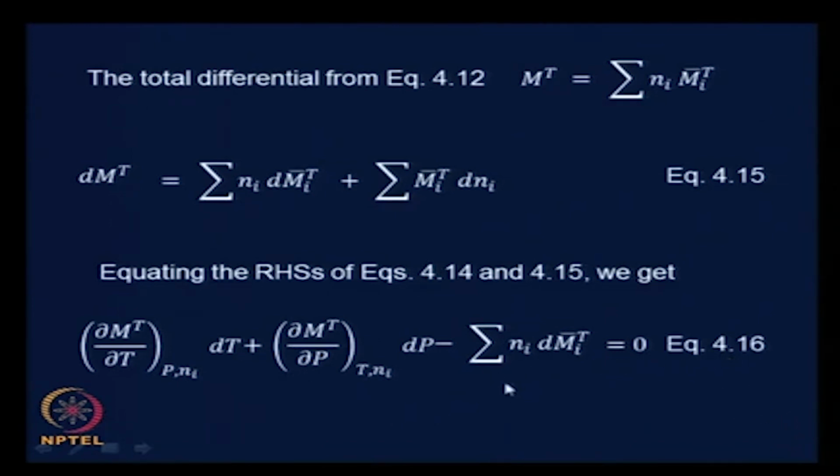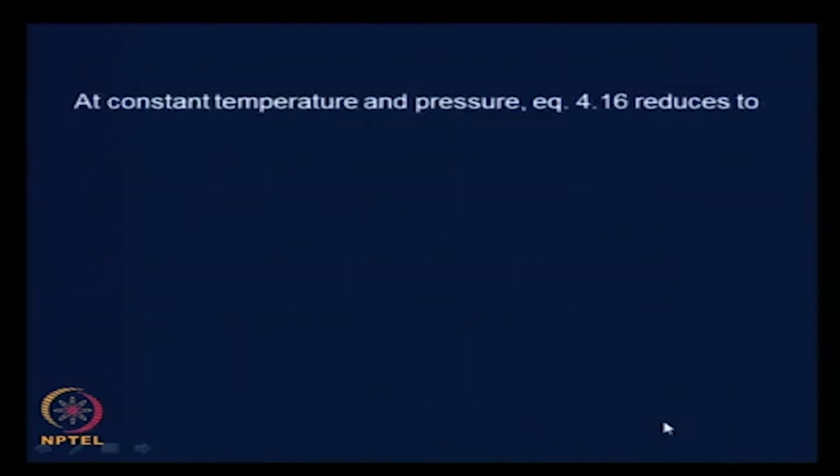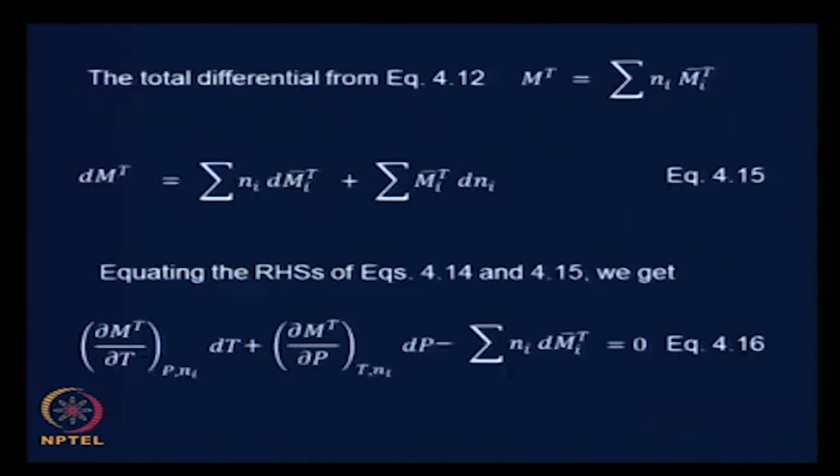If you write it in terms of G, you will see that G is a function of T, P and mu. Therefore, you can probably make the connection with something that we have already done earlier. Now, at constant temperature and pressure, equation 416 that we saw, we are writing for all partial molar properties.